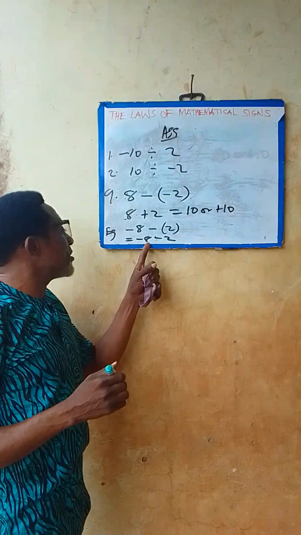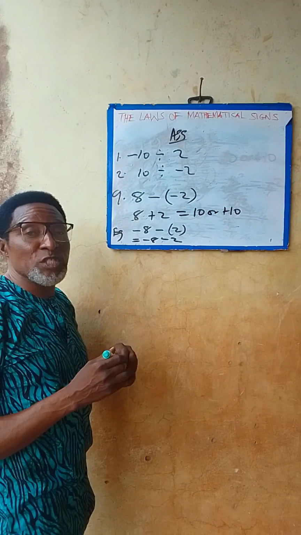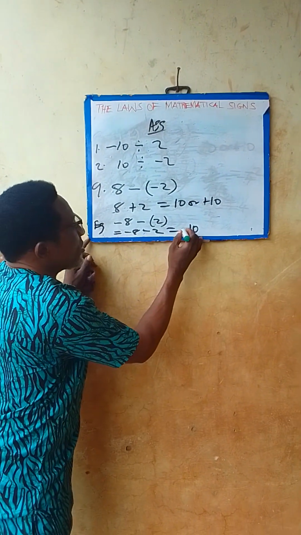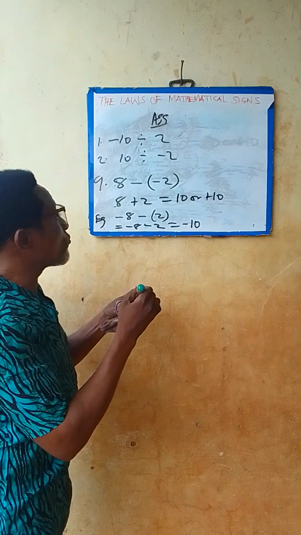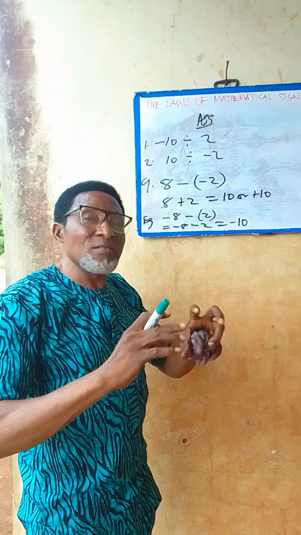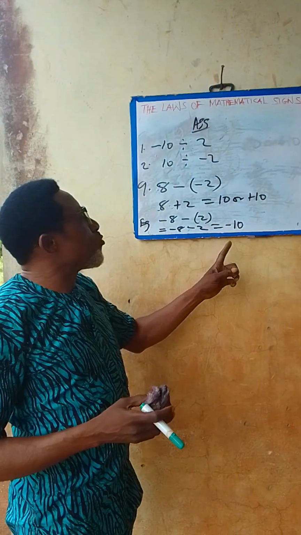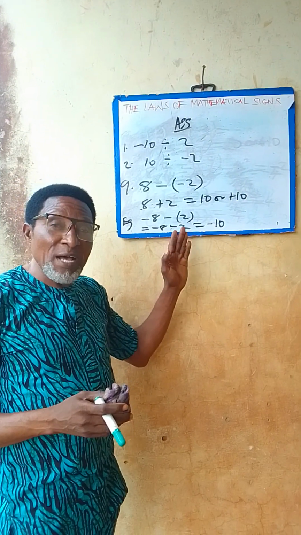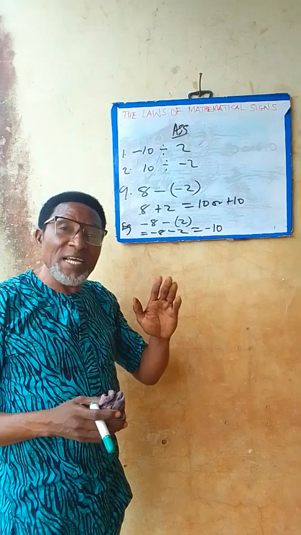That is, minus 8 minus 2, I add 8 and 2, which is 10, and I retain the negative sign, which is minus. You can see that if two numbers of different sign are subtracted, the result will be either positive or negative, like in this case. As you are watching me, you can do this while seated there now.